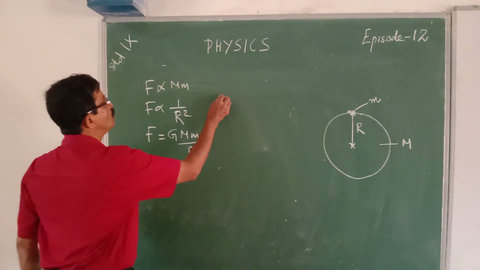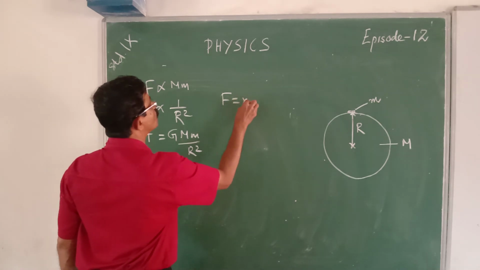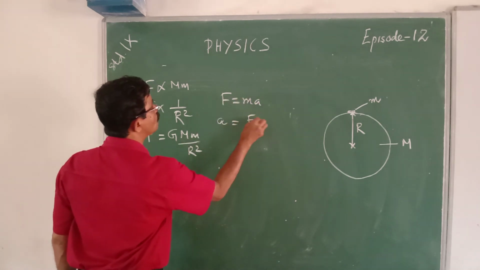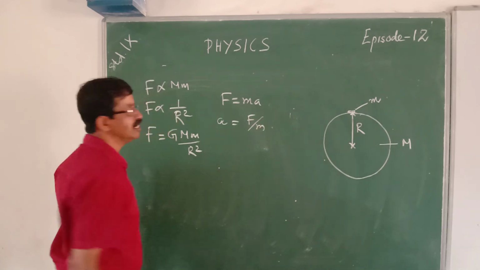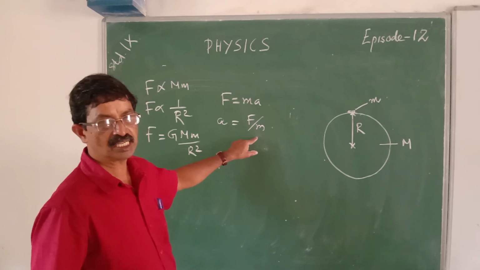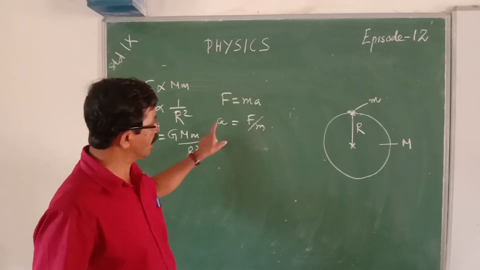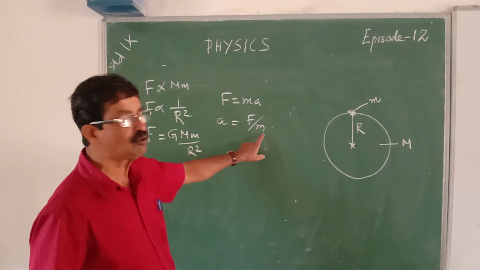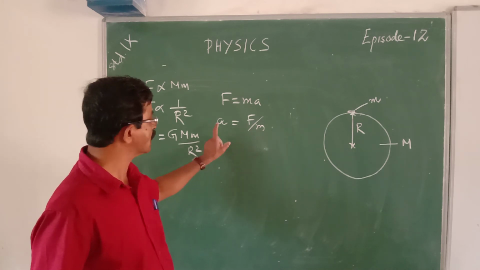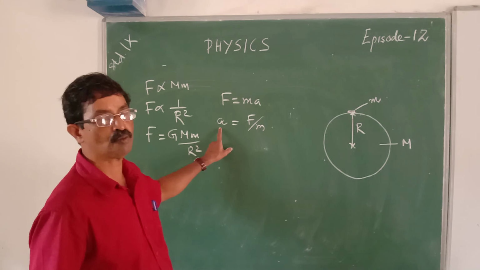From the second law, we know F equals ma, or a equals F by m. That means acceleration depends on mass. For the earth, the mass is huge, so the acceleration is very small.